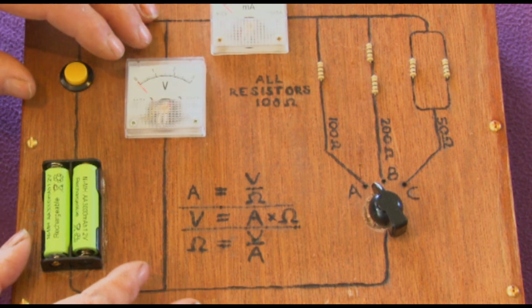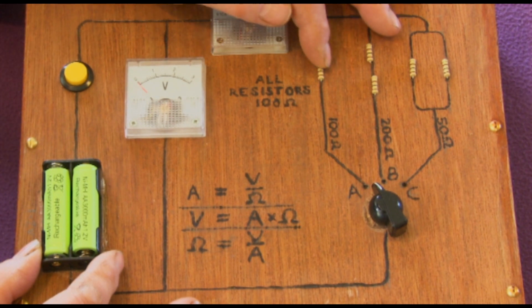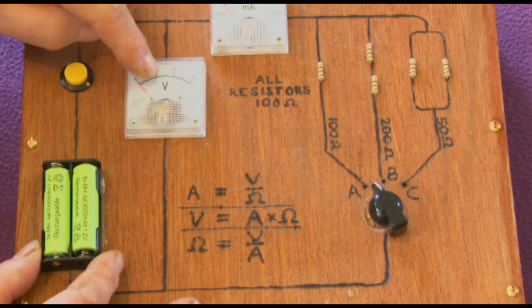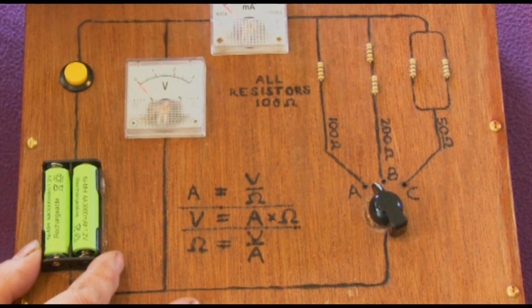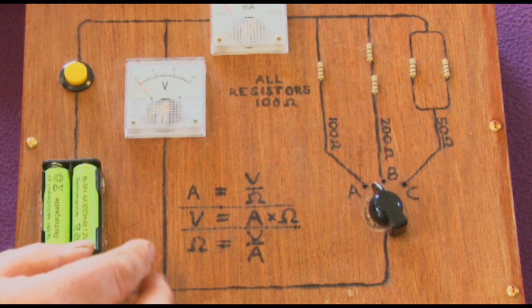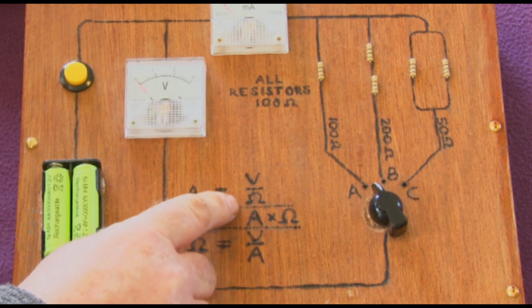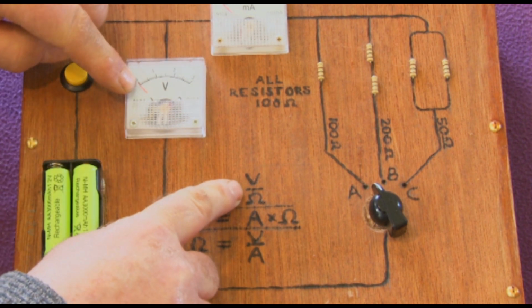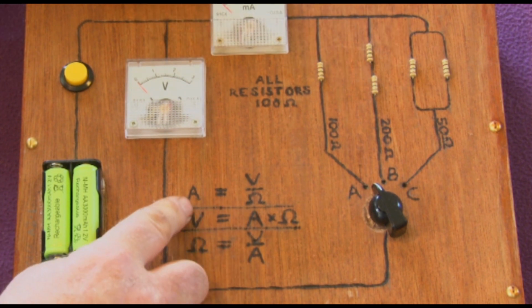We can work out what current we should be getting by knowing the voltage and the number of ohms. The way we do that is through one of these three formulas here. If we take the volts and divide it by the number of ohms, that will give us the current.